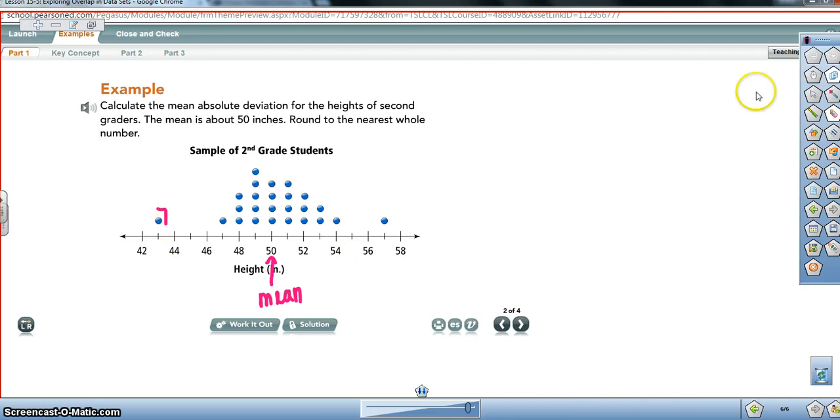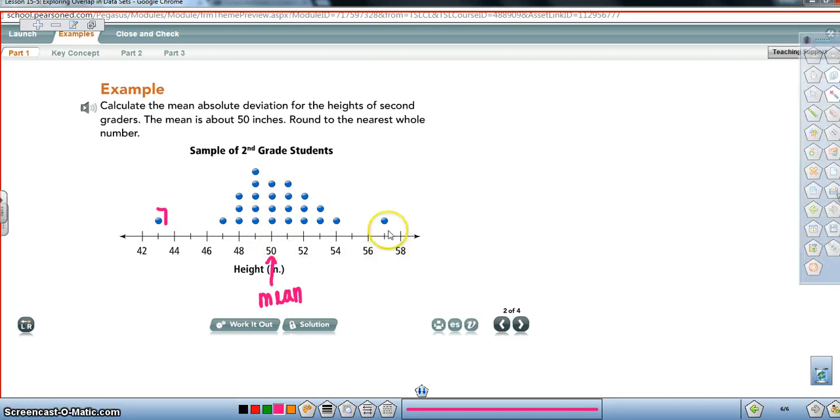So we can say this point is 7 away from the mean. If we looked at a point up here, this one is at 57, so it's 7 away from the mean as well, a +7. But like I said, we're just going to do the absolute deviations. So we're just going to look at how far away it is. We're not going to worry if it's positive or negative, if it's in front of the mean or behind the mean.